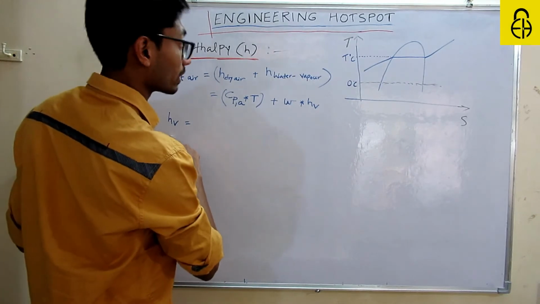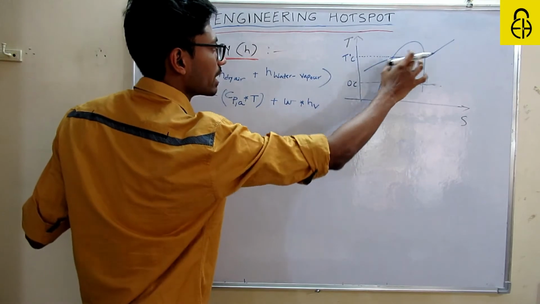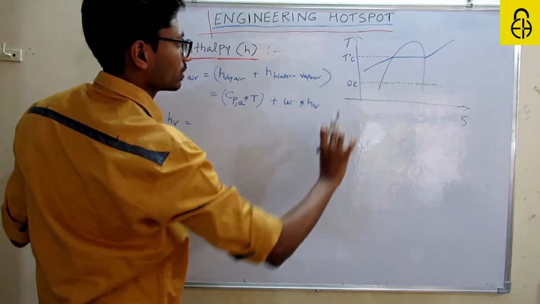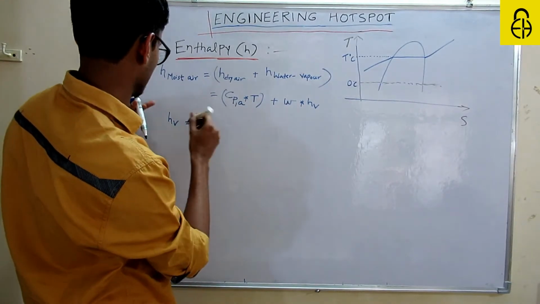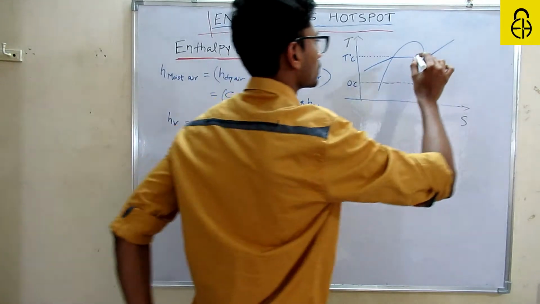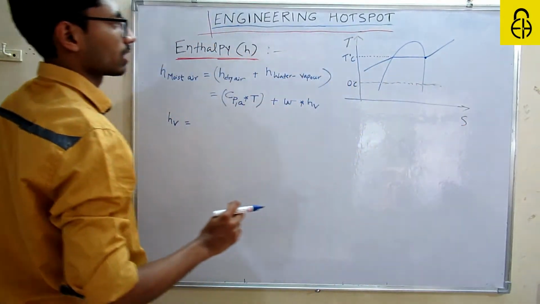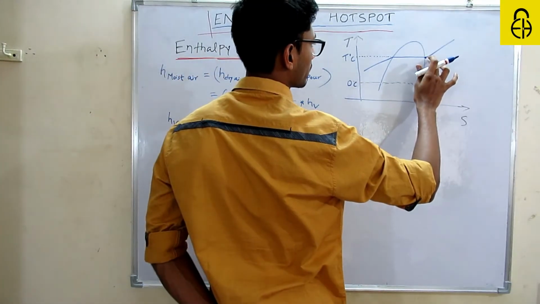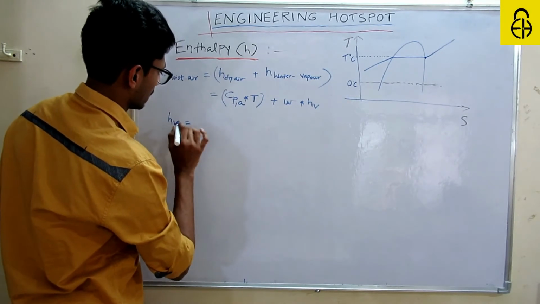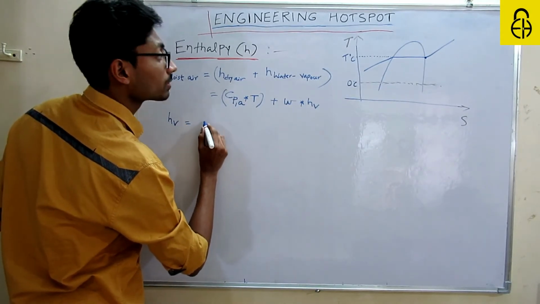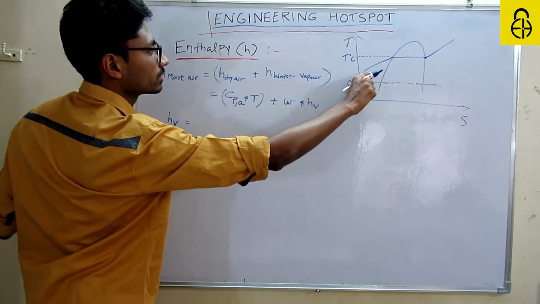So you can write HV as this entire process enthalpy. Since the mixture will attain saturated condition at this point, you can write HV as this part, which is the sensible part.